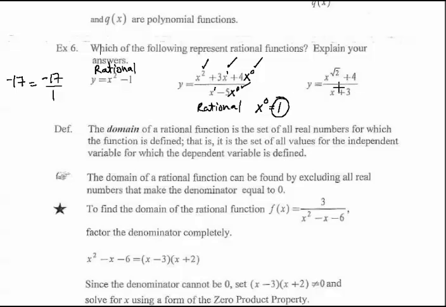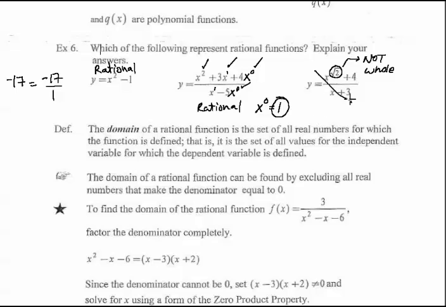What about this last one? Well, looks like a rational function. We've got a numerator and denominator. We've got an x. We've got some numbers here. But this number here, square root of 2, is not whole. Not a whole number exponent.